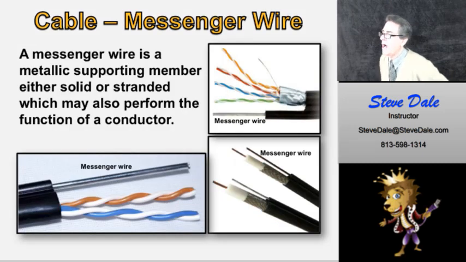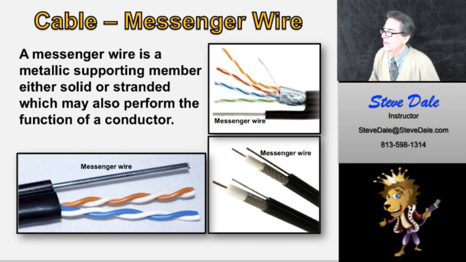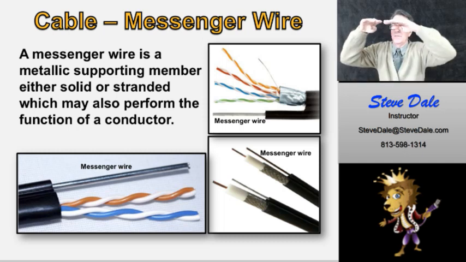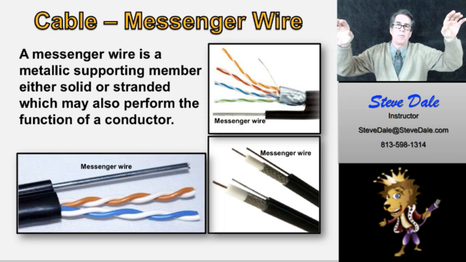Then you've got messenger wire. What's a messenger wire? Well, that's a wire that is a metallic supporting member, either solid or stranded, which may also perform the function of a conductor. Yeah, maybe a ground. But in any case, a messenger wire is to support your strands between poles, in the building, between poles and poles. You can't just put a piece of copper wire there because it'll stretch.